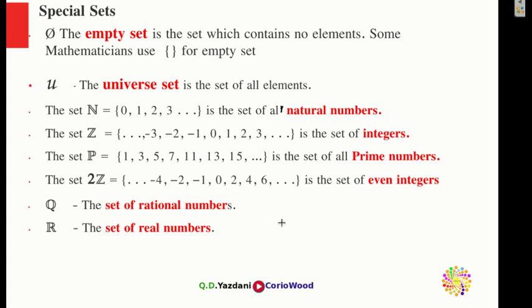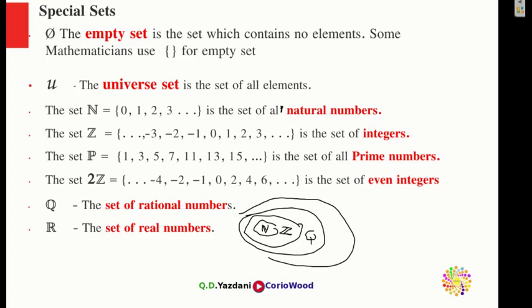The first one that was invented was N, and then we have the integers. N is going to be inside the Q, which is rational numbers, and all of them are going to be inside the real numbers. So that's how you're going to visualize this one.